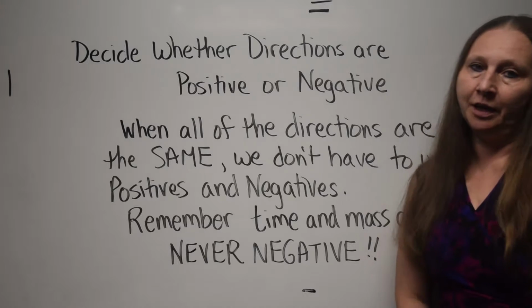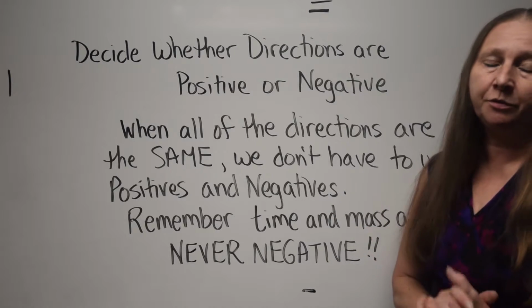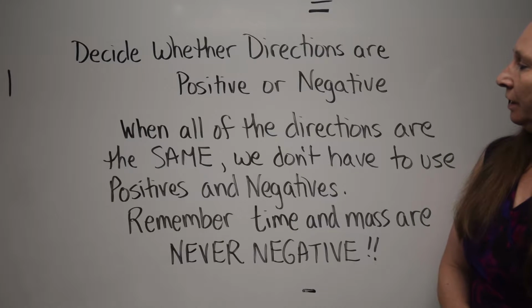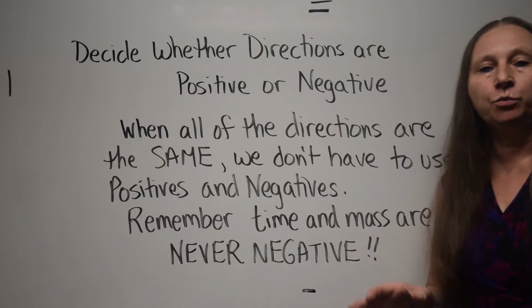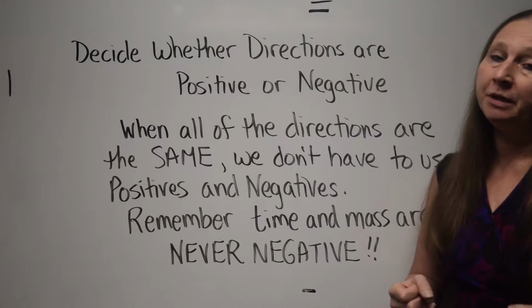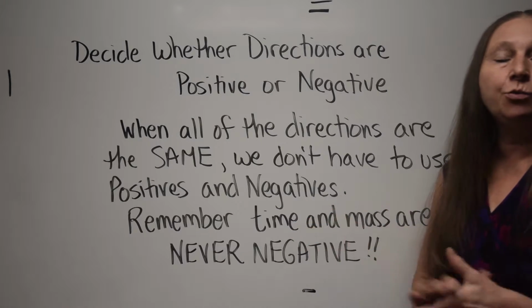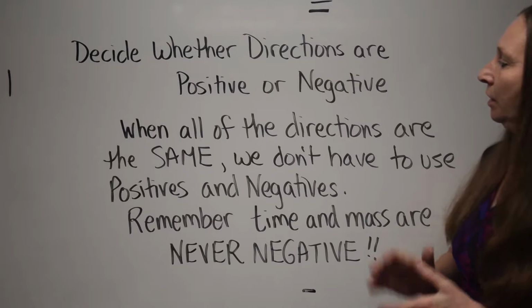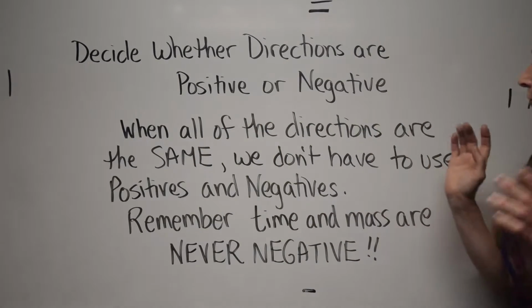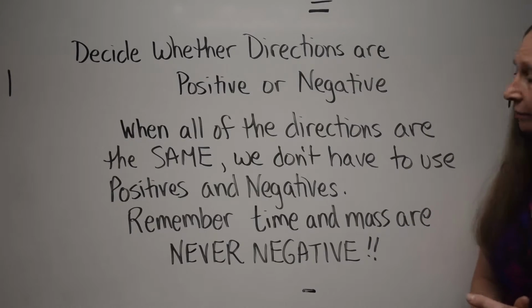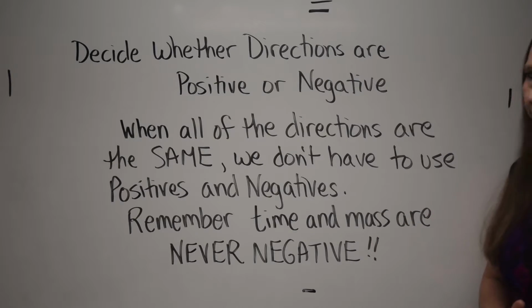Now, in this video, I'm going to keep the problems fairly simple. So that means that you're not going to have to worry about displacement south being negative or velocity west being negative, because when all of the directions are the same, we don't have to use positive and negative. It's not absolutely necessary.